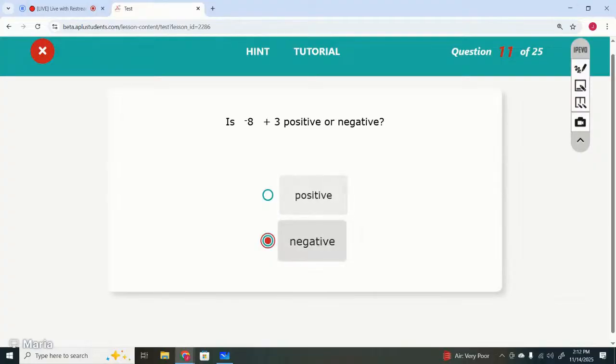Option number 2 is the correct option. Is 87 plus 36 positive or negative? Positive it is. Option number 1 is the correct option.